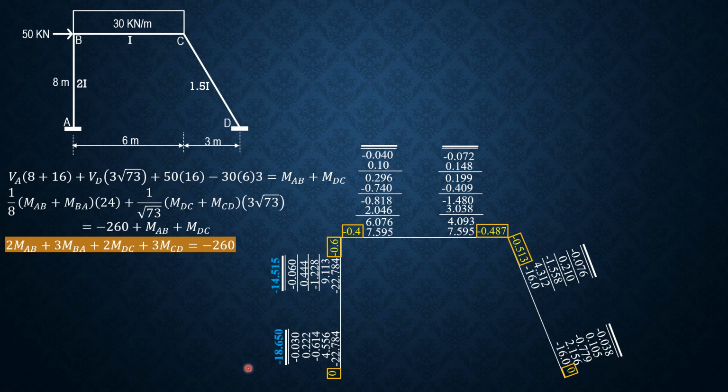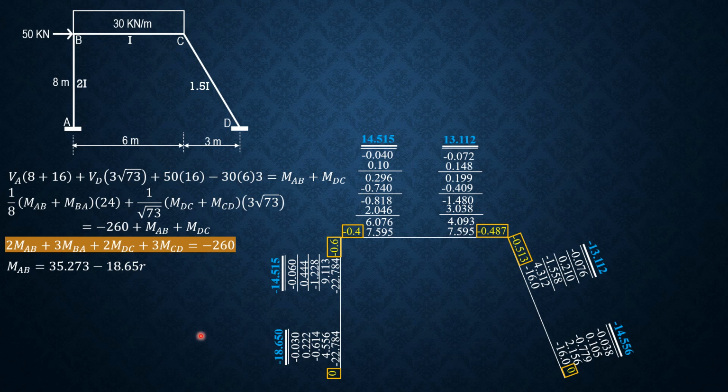Adding the moments in this joint, 18.650 here, negative 14.515. So this is positive 14.515. Check that by adding the moments here, negative 13.112. Finally, in this joint, negative 14.556.